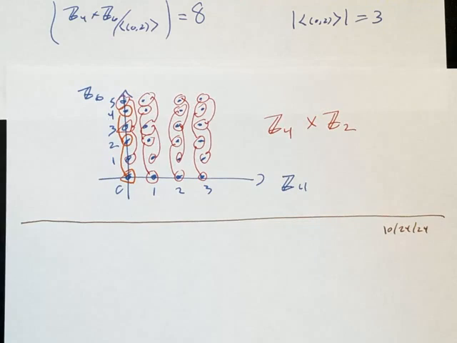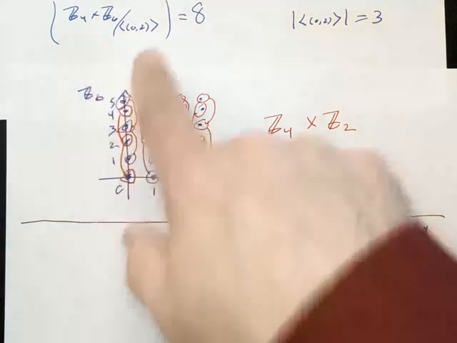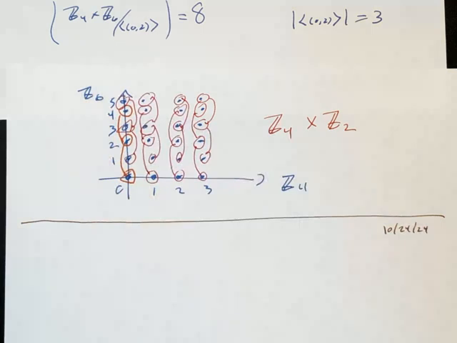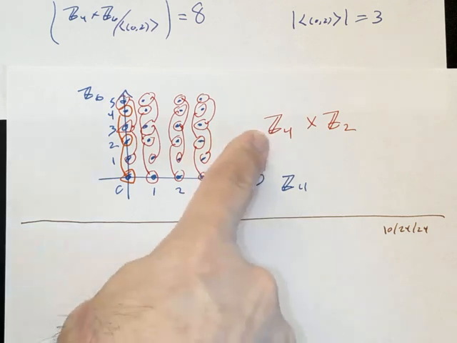Continuing our factor group computation ideas, let's look a little more closely at what happened with our computation for Z4 times Z6 mod the normal subgroup generated by (0, 2). The 0 there caused there to be no effect in this first factor.